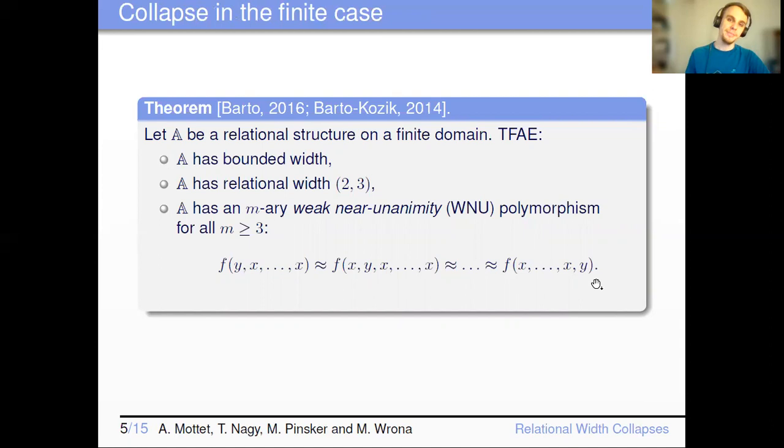This means a polymorphism satisfying this nice set of equations. It follows that, for example, what I have shown you on the previous slide, the structure Z2 together with relations R0 and R1, does not have bounded width at all.